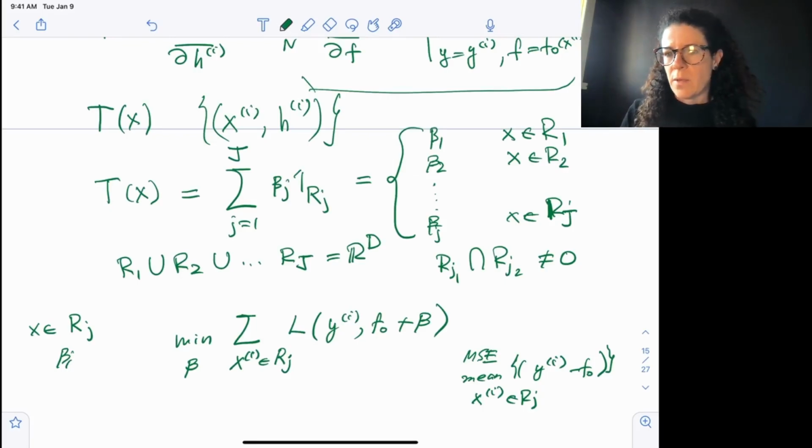For MAE, it would be the median and so on. So okay, basically what I have described is the gradient boosting algorithm for step one.